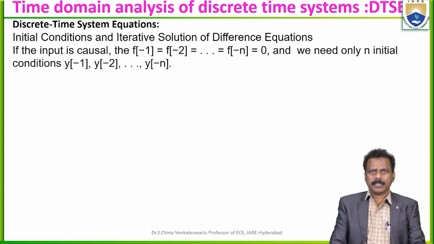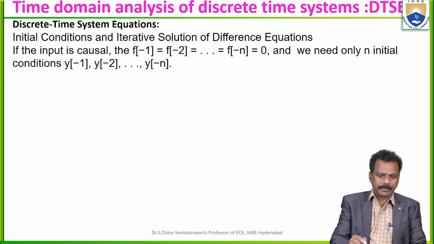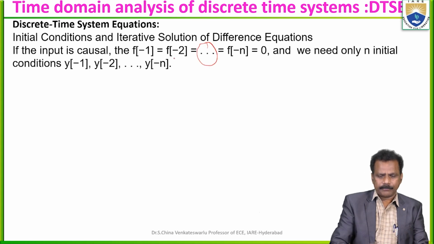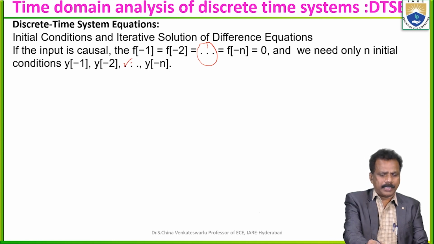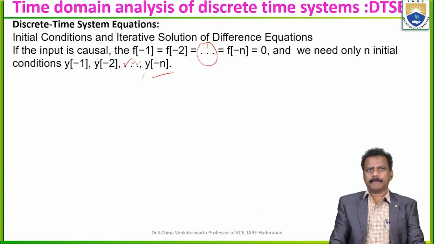If the input is causal, f of minus 1 is equal to f of minus 2, and so on, up to f of minus n, is equal to 0, and we need only the initial conditions y of minus 1, y of minus 2, y of minus 3, y of minus 4, y of minus 5, and y of minus n.